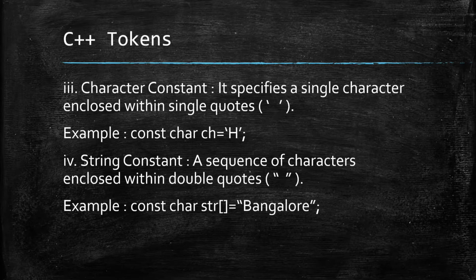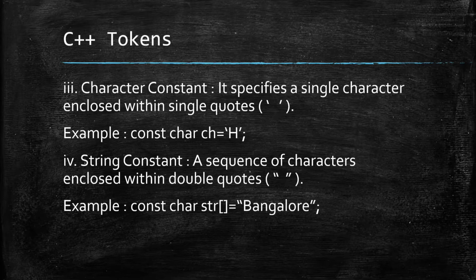If you are writing a constant, you must include the keyword const. If not, it will not work. So always use the word const whenever you write constants. const is for constant, char is the character data type. char holds only a single character, always enclosed within single quotes.